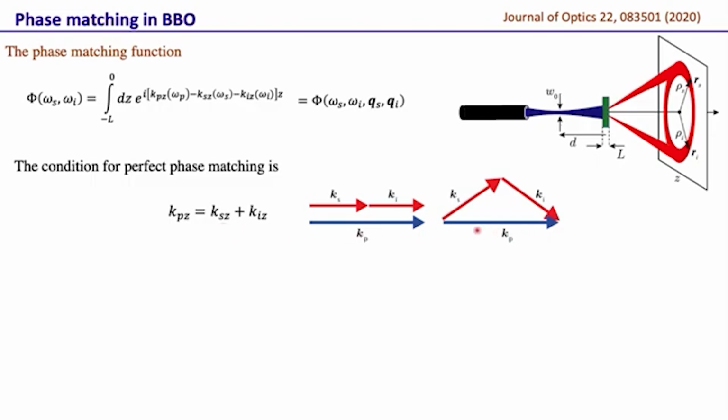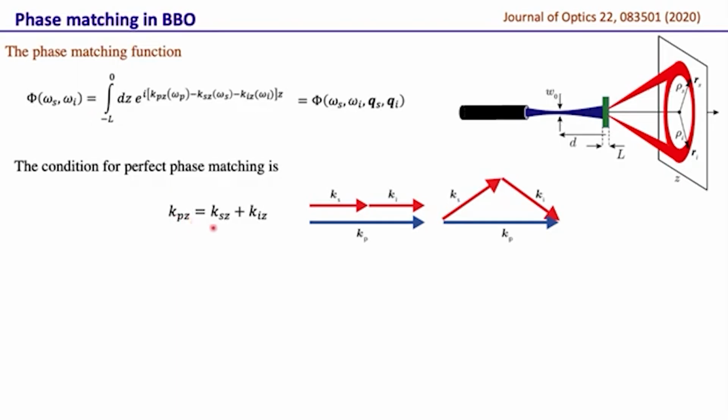The other way is if we have ks and ki like that. Since kp is a vector, we can also have this kind of condition in which we can satisfy the phase matching. So essentially the point is whatever the conditions that lead to kpz being equal to ksz plus kiz, then we say that the phase matching is satisfied, and to the extent that the phase matching is satisfied, the value of this phase matching is greater, and to that extent we get the down converted photons generated.